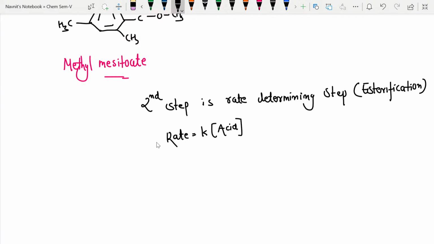Since only one species is involved in the rate determining step, it is unimolecular, and the order of the reaction is first order.